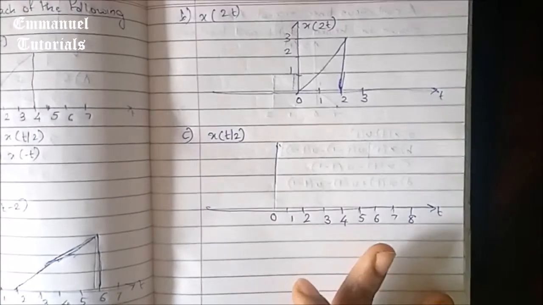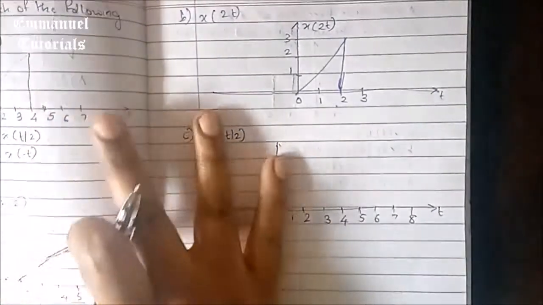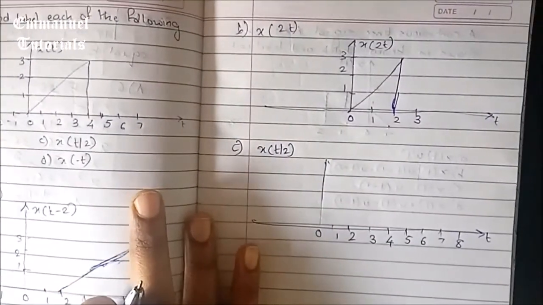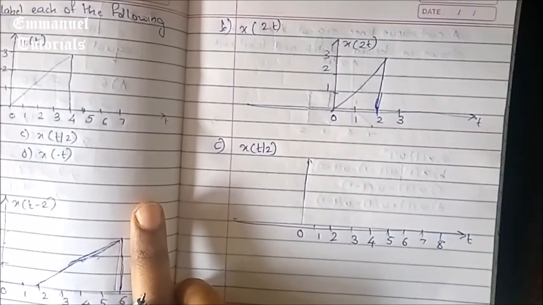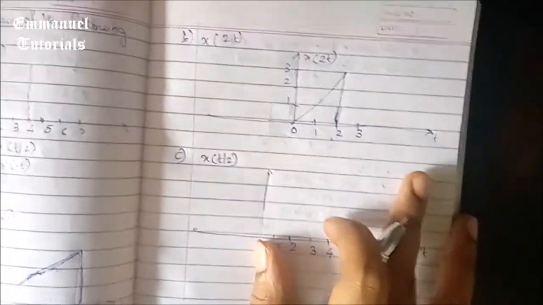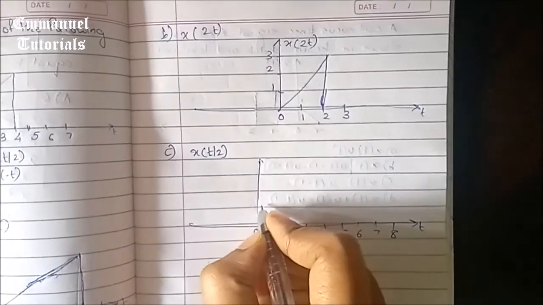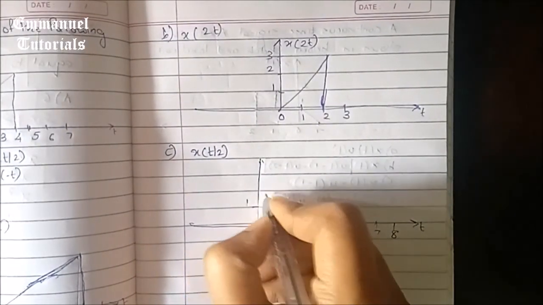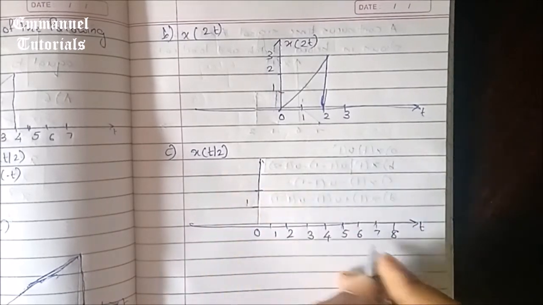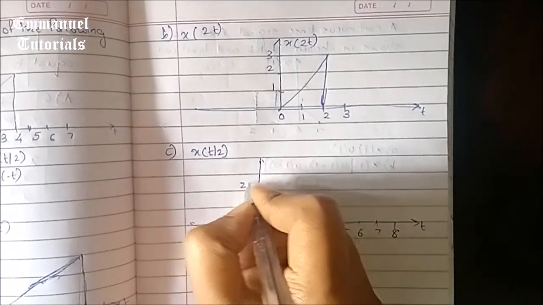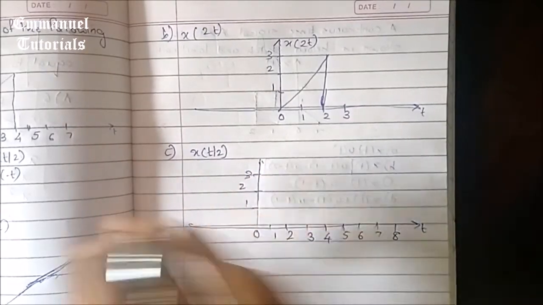Now when drawing such signals and you don't know the slope, you can directly mark the start and end points, because those are known to you, and you can just join the points, so it becomes easier.